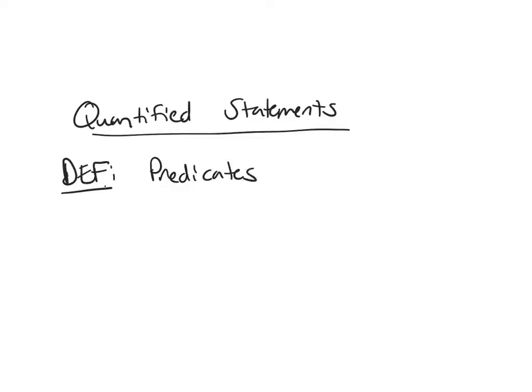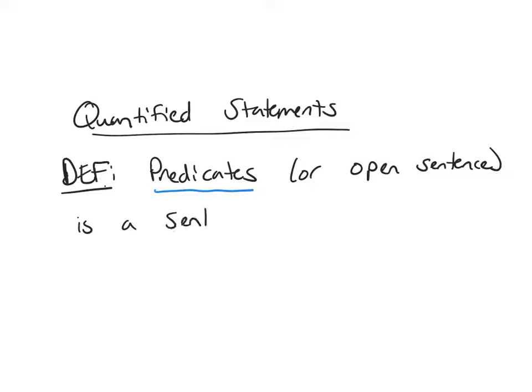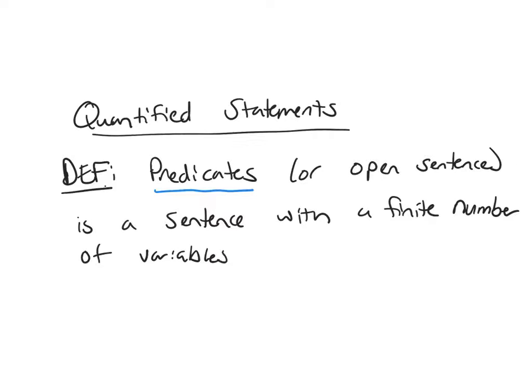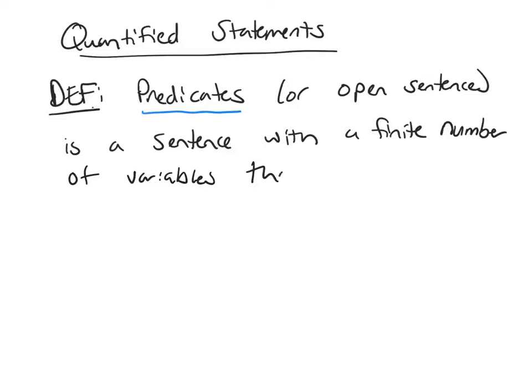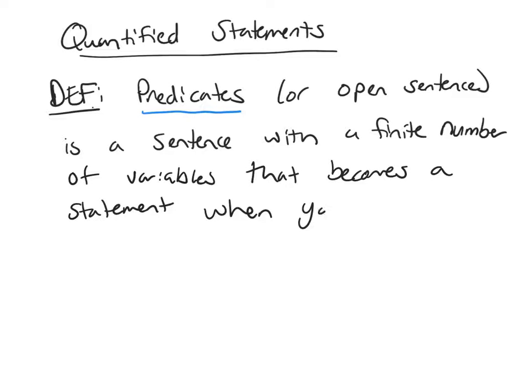A predicate, and this is sometimes called, I think your book calls it, an open sentence, is a sentence with a finite number of variables that becomes a statement when you substitute in for the variables.